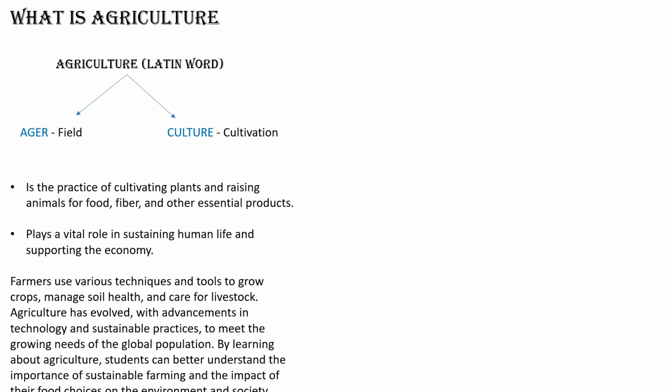So what is agriculture? Agriculture is a Latin word. Ager means field and culture means cultivation. So it is the practice of cultivating plants and raising animals for food and fiber and other essential products.